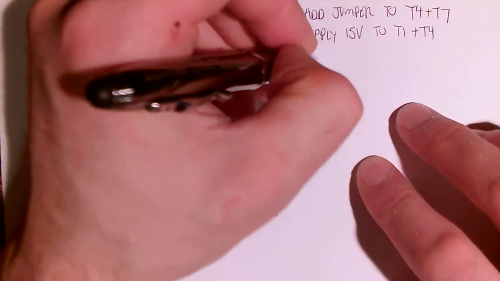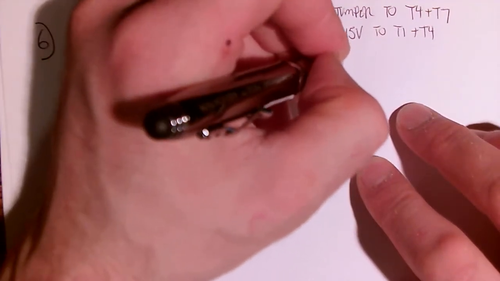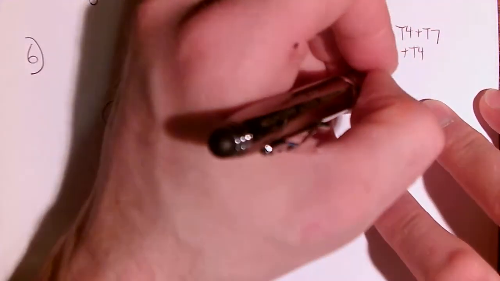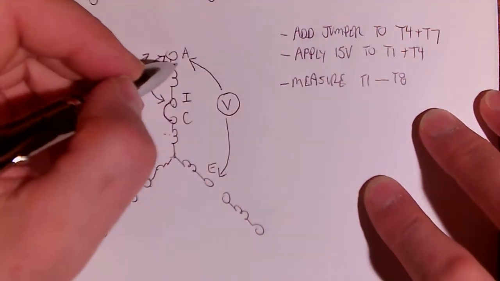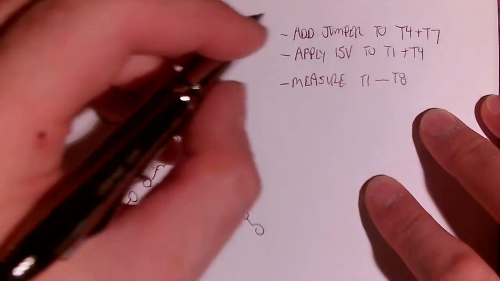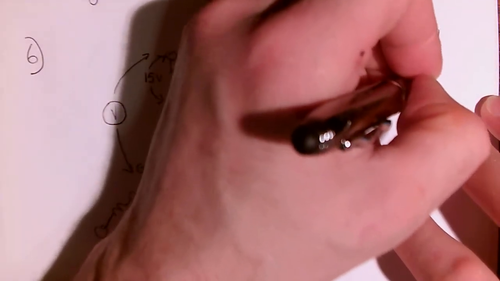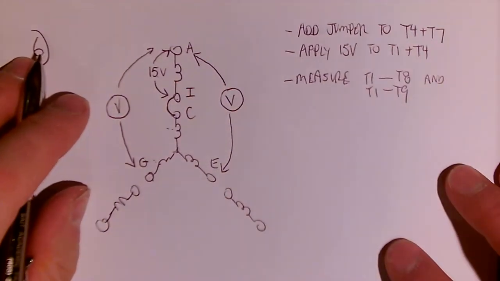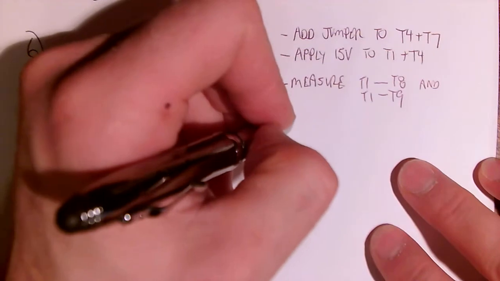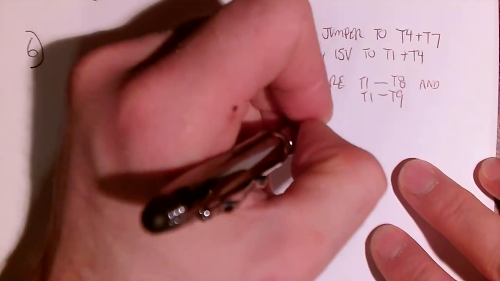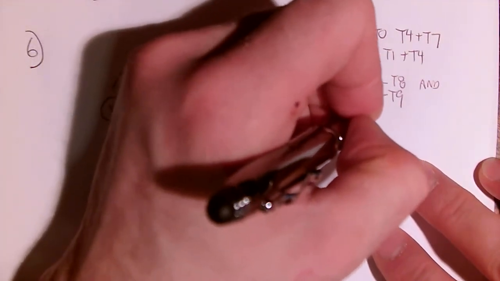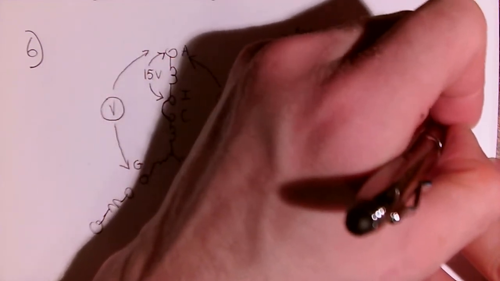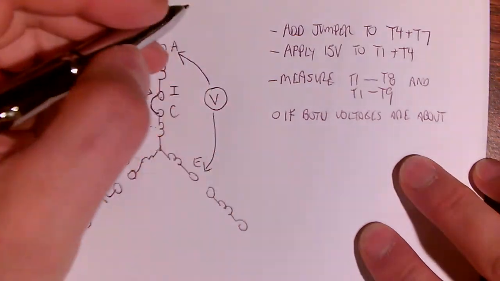So let's see. Measure the voltages. Let's just write down our procedure here. So measure T1 to T8 and T1 to T9 in this case. Now, if both voltages are about, how are we doing here?